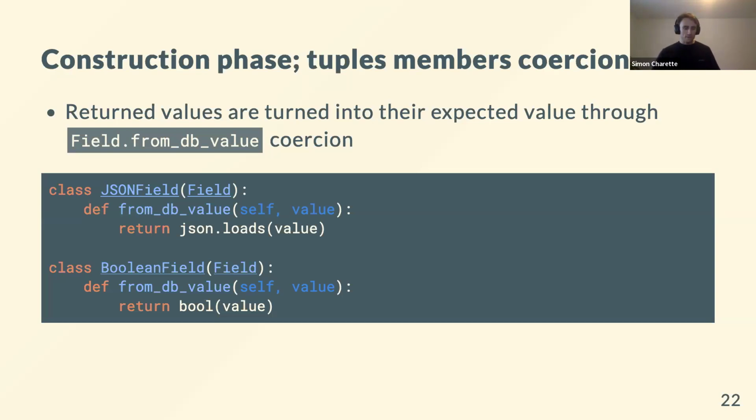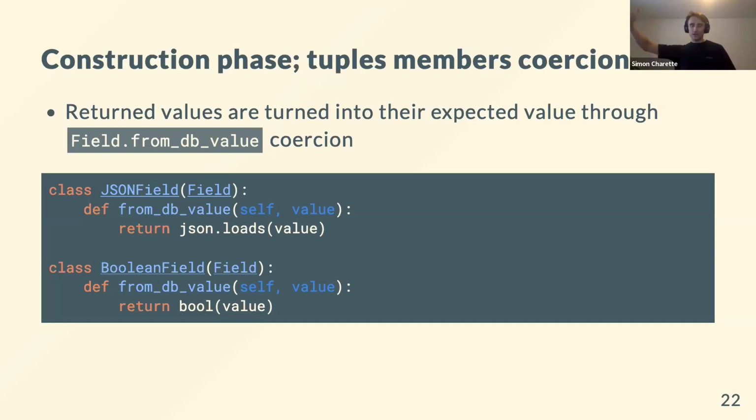So since SQLite doesn't have this notion of datetimes, we need to have a small layer that is able to take the strings returned from SQLite and turn them back into datetime objects. The same thing happens for the JSON field.